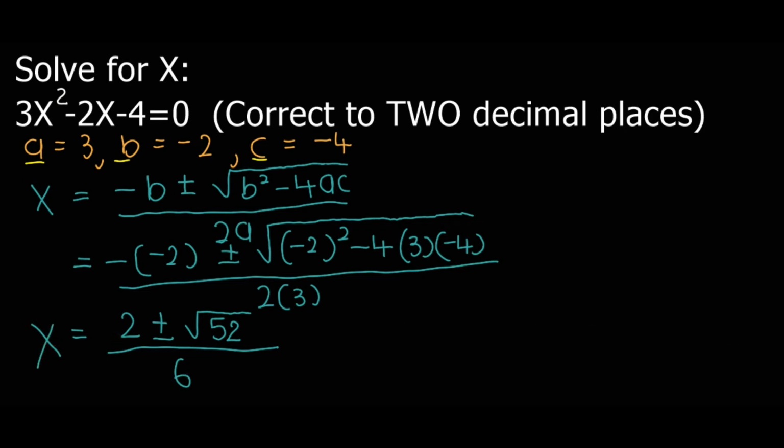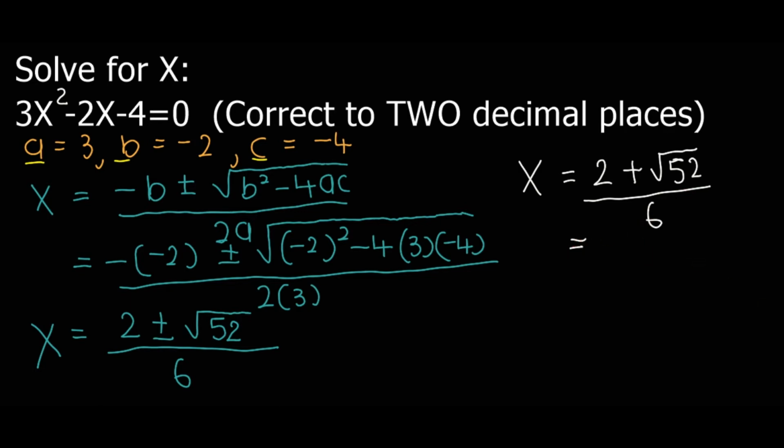and then from there we want to make a conclusion because we have plus or minus, which means we have two answers where the first one is plus, and then the last one is minus. So from there I will say x is equal to, and then I say 2 plus, and then I have √52, and then over 6.